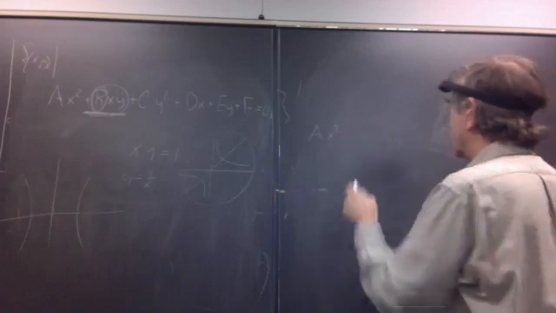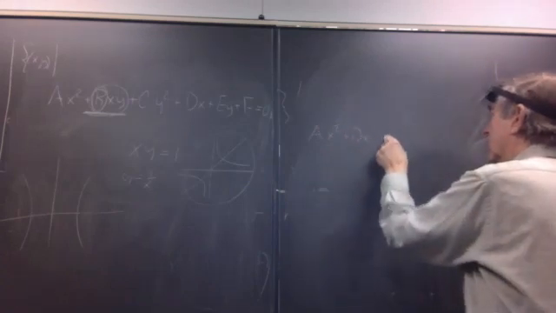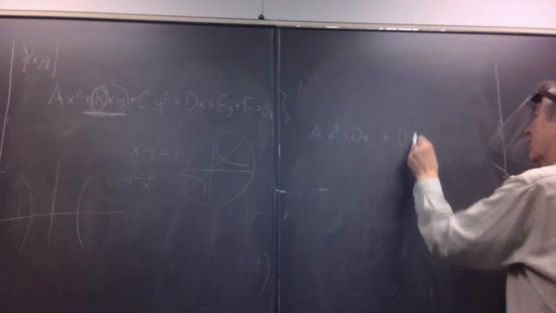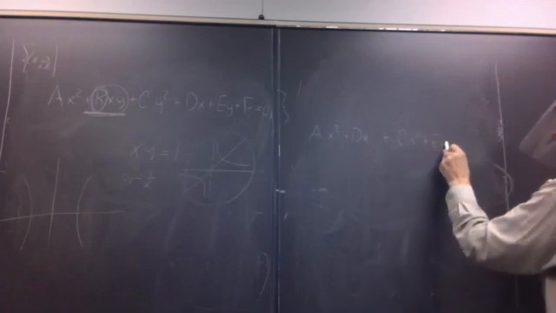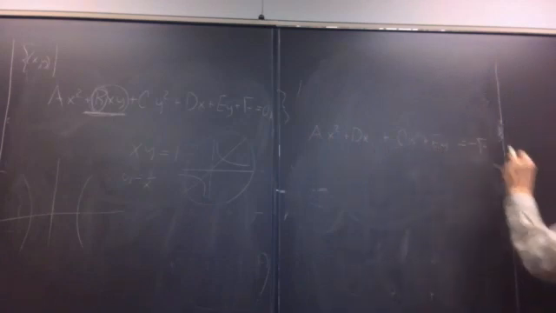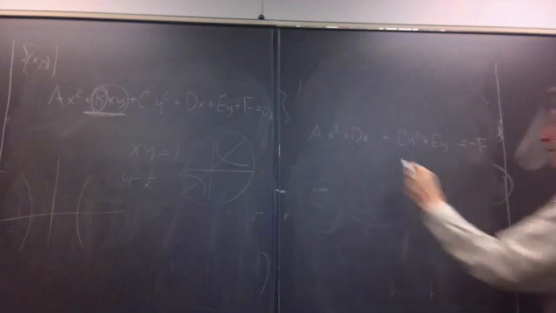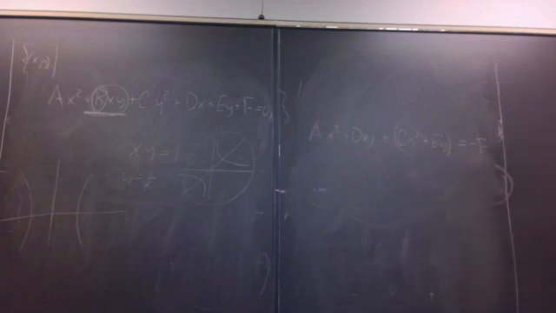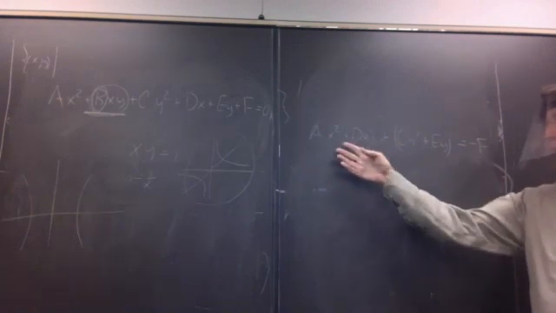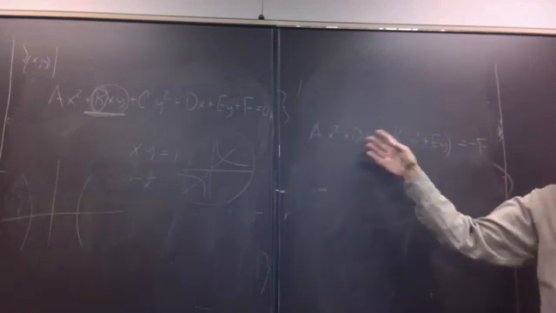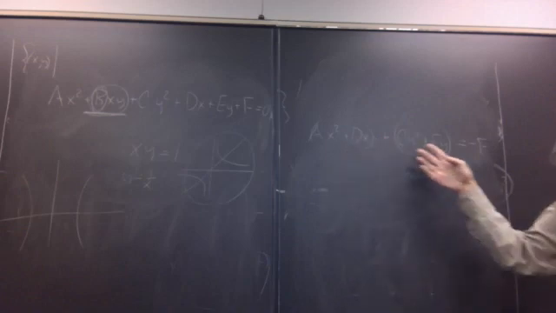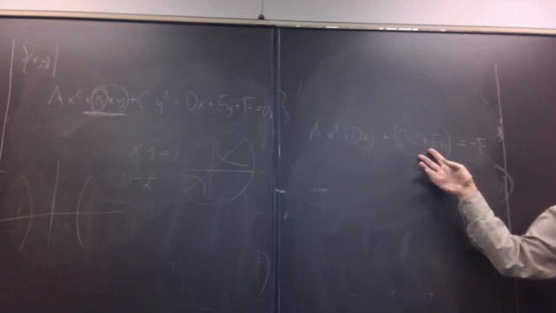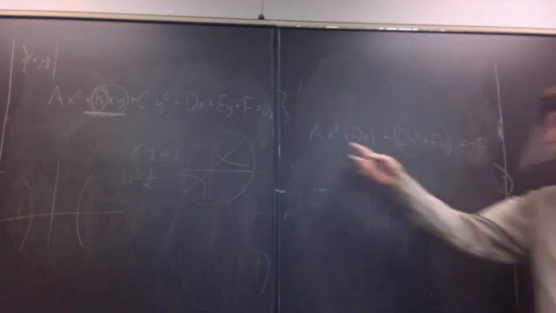I want to do dx, and I want to put cy squared plus ey, and I'm going to put f on the other side. You see, now we've had some training, I think, in our previous worlds. To study something like this, we can complete the square with stuff like this. We can complete the square with stuff like this. Maybe. You understand? Now, completing the square, you got to divide by a first.